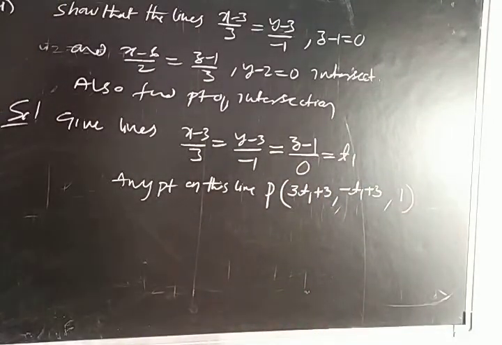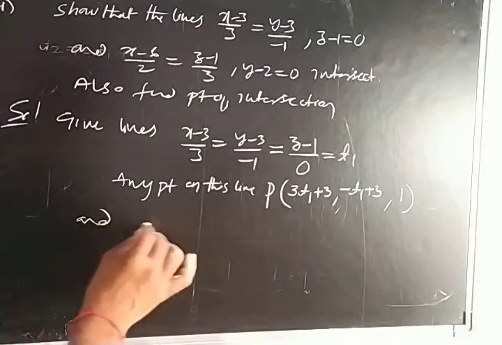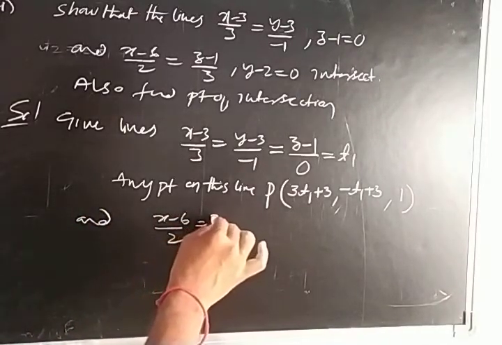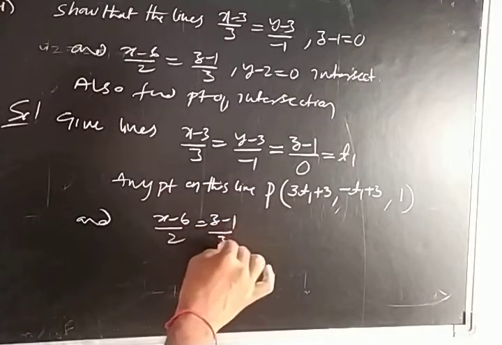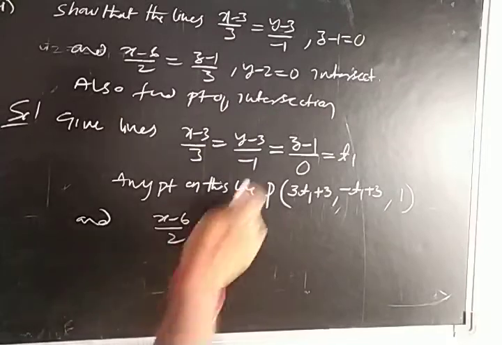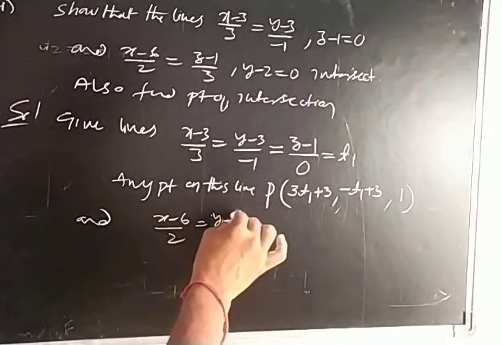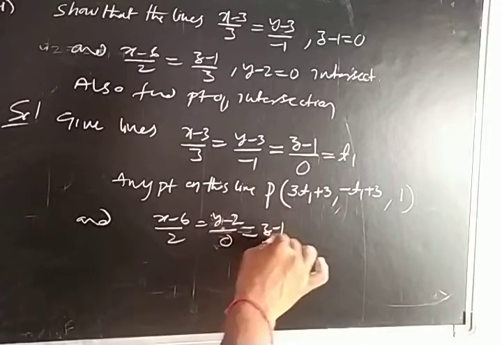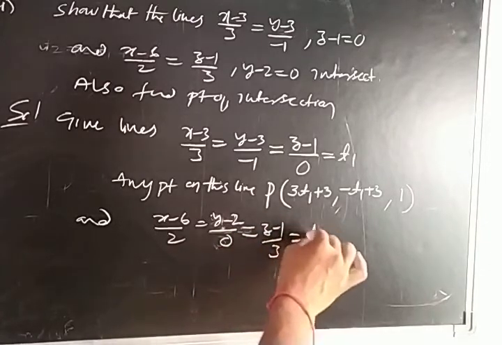Next, the second line: (x minus 6)/2 = (z minus 1)/3. How can we write y? Here y minus 2 is a separate equation, so I am including (y minus 2)/0 equal to (z minus 1)/3. Again, to get any point I am taking t2.